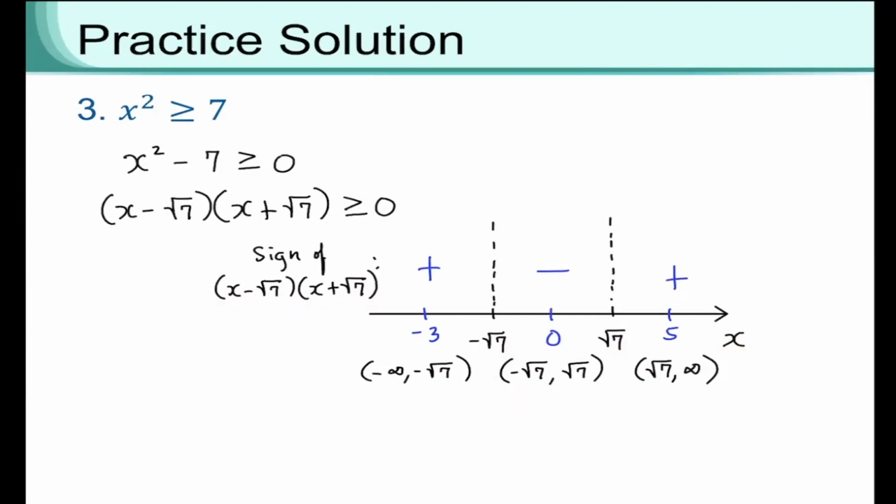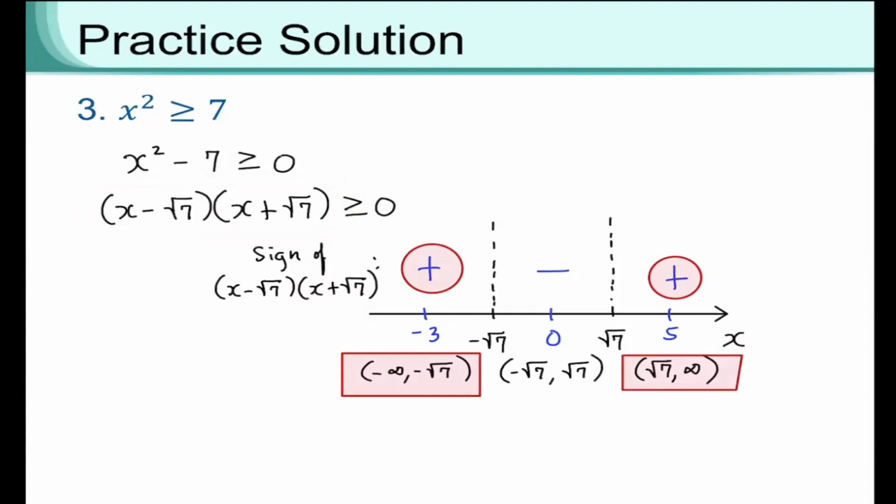And what are we looking for? We're looking for x values that will make this product greater than or equal to 0. It is greater than 0 if we choose this one and this one, so these numbers here are solutions.